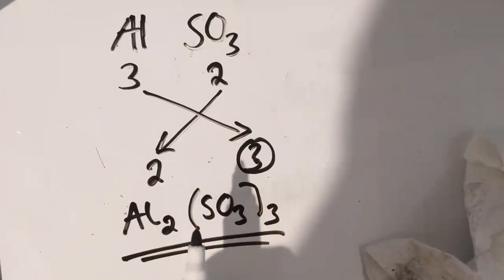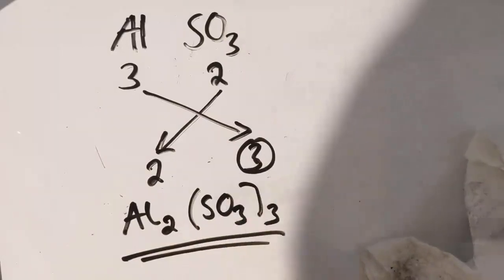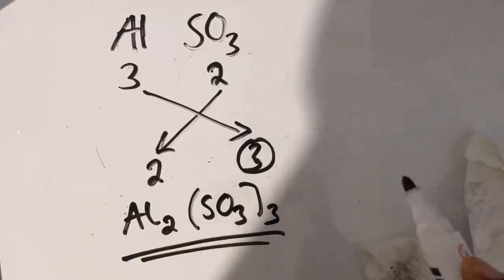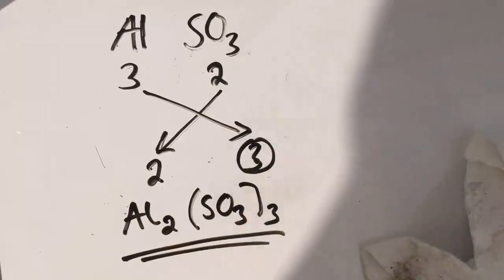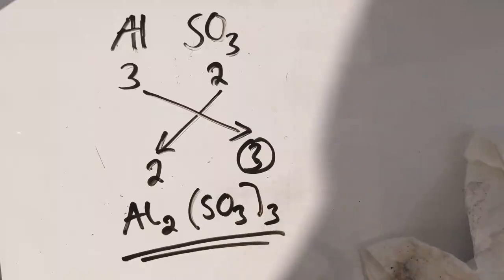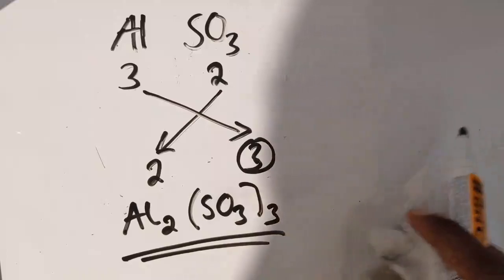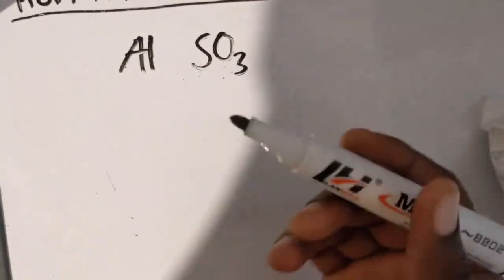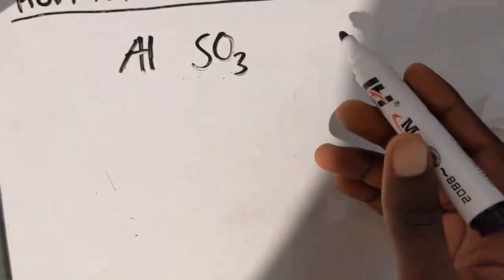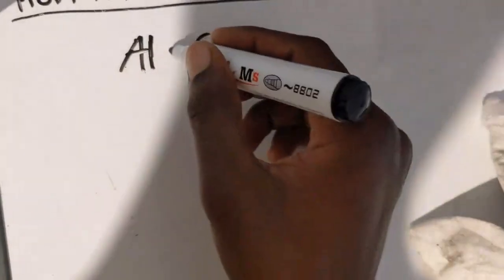Please make sure that you pay attention to this, because you need to know this. They will be coming in an exam. This is where we come up with a chemical equation.